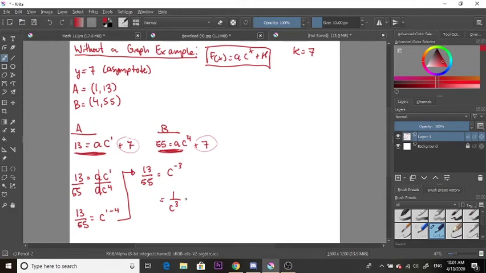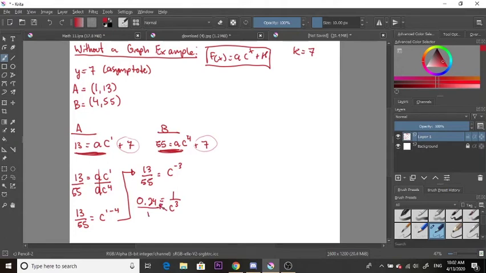Now, of course, I'm going to want to actually evaluate my fraction right here. So 13 divided by 55 is going to give me 0.24. Now, to isolate for c, I'm going to want to cross multiply.